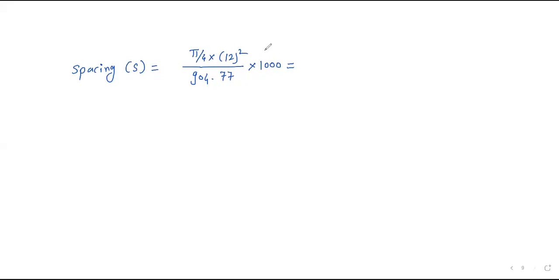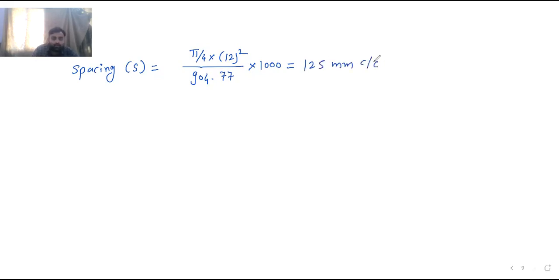It is 125 mm. Okay. So the spacing is 125 mm center to center. So finally you can write over here, provide 12 mm diameter bars about 125 mm center to center.